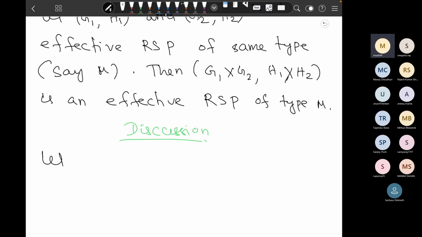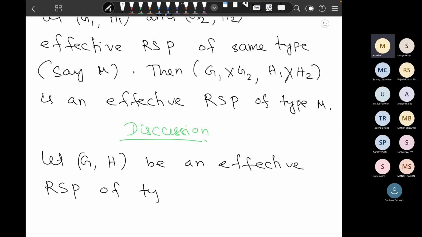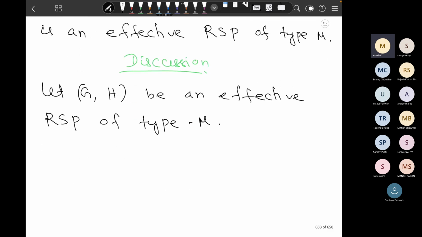So let G, H be an effective Riemannian symmetric pair of type mu. So question.